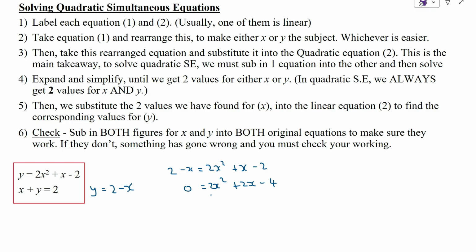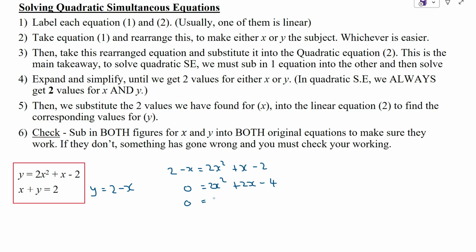Okay, so if you recognize what's going on here, we're getting to the stage where we can factorize this equation and get our two values for x. So we're going to try and factorize this now as it equals 0. I can see that all of the terms in this equation are divisible by 2.